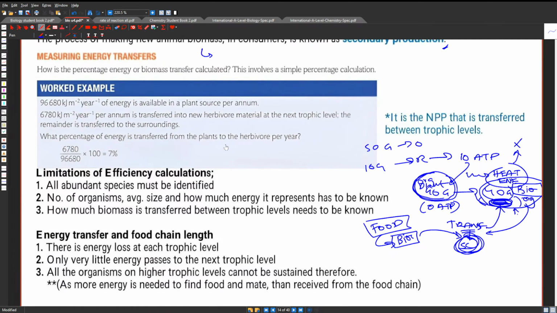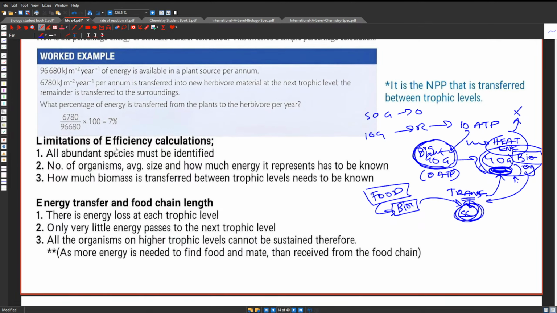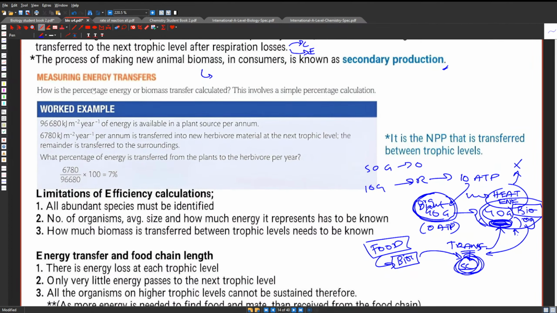Limitations of efficiency calculations. How is the percentage energy of biomass transfer calculated? This involves a simple percentage calculation. This much energy per year is available. This much per year, per annum, is transferred into new herbivore material at the next trophic level.